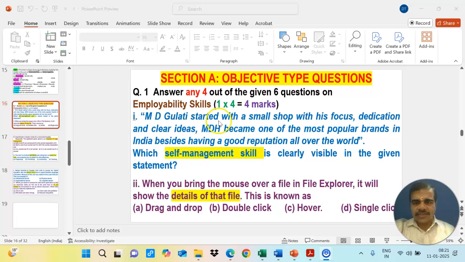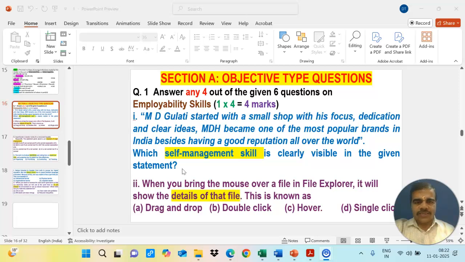M.D. Gulati started with a small shop with his focus, dedication and clear ideas. MDH became one of the most popular brands in India besides having a good reputation all over the world. Which self-management skill is clearly visible in the given statement?